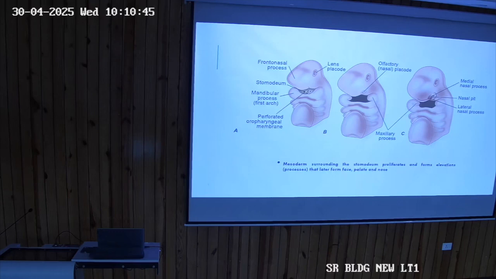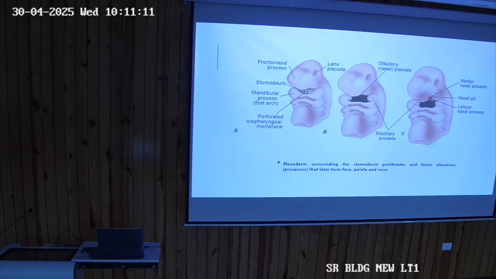Okay, so it is basically in the dorsal and the cranial part of first pharyngeal arch that form the maxillary process, and the third swelling or prominence is formed in the caudal part of first pharyngeal arch, which is mandibular process. So there is frontonasal process, there is maxillary process and there is mandibular process.